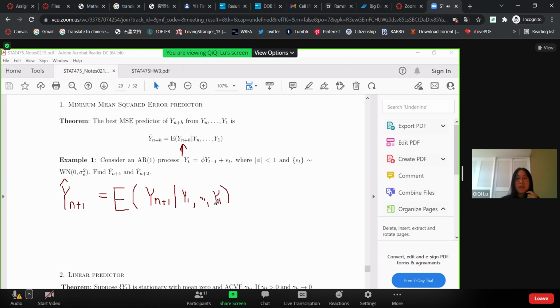So we want to find this conditional expectation. So we plug in. y_{n+1} we can find from here. So t equals n plus 1 here. So t is y_{n+1} minus 1, that's y_n, plus epsilon_{n+1}, given everything here.